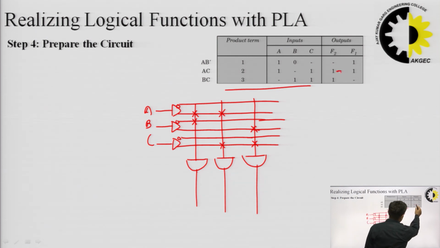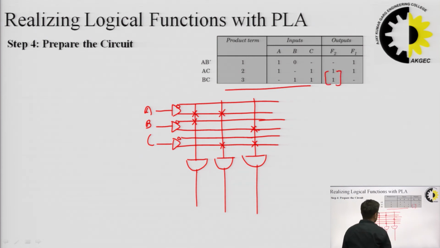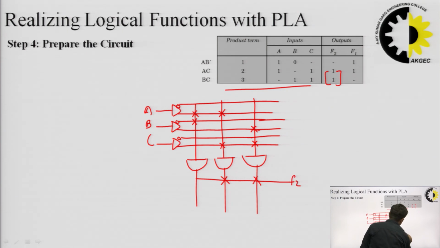Now F2 is the sum of the second and third products. The first and second products will give me F1.